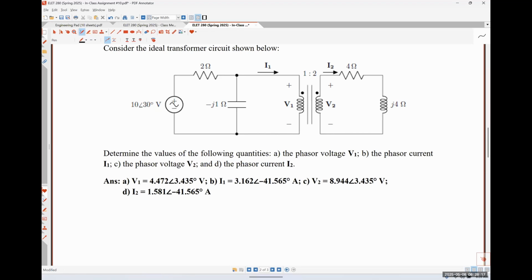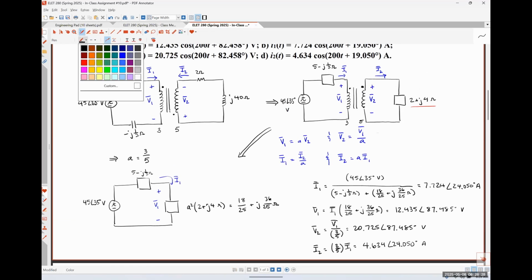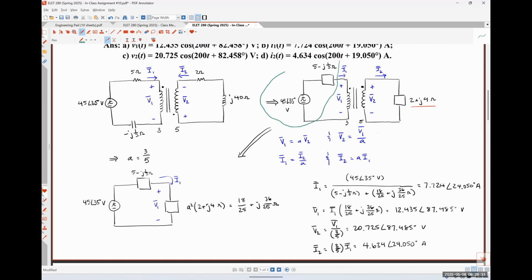So in our class meeting on Tuesday, we talked about Thevenin equivalent circuits, right? So for what it's worth, this network, let me put a bubble around it, right here looks like a Thevenin equivalent circuit because it's a voltage source in series with an impedance, right? Thevenin equivalents are voltage sources in series with a resistance or impedance. Norton equivalent circuits are a current source in parallel with an impedance.